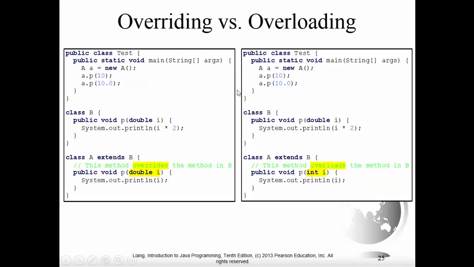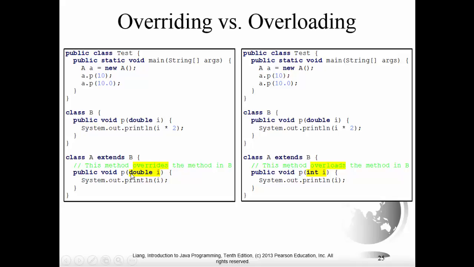So in our example up here, if somebody calls a.p with a number 10, we're going to run this overloaded instance down here that expects an integer. But if they execute the method p on a using the parameter 10.0, that's a double value, then we're going to execute this method here because it expects a double.